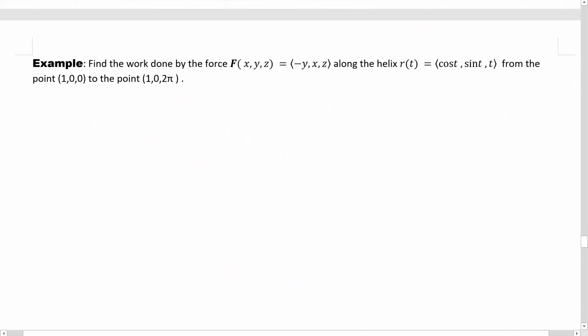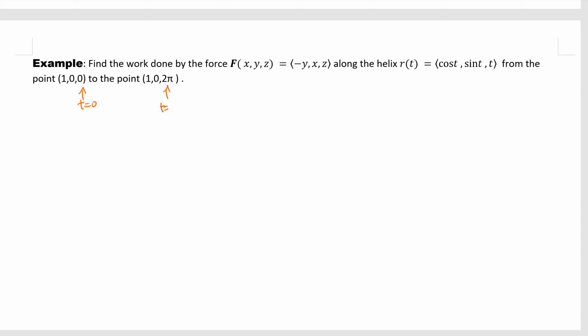Find the work done by the force. So we are now in space. We have a force F of x, y, z equals minus y, x, z along the helix cosine t, sine t, t from the point 1, 0, 0 to the point 1, 0, 2 pi. Well, this corresponds to t equal to 0.